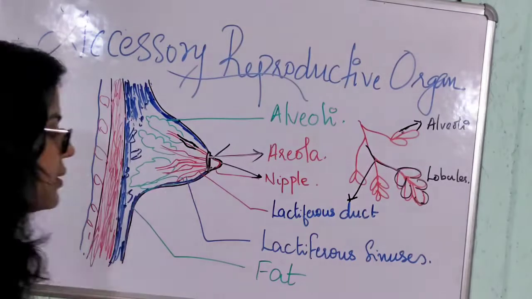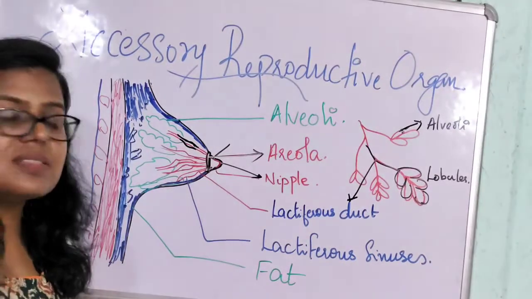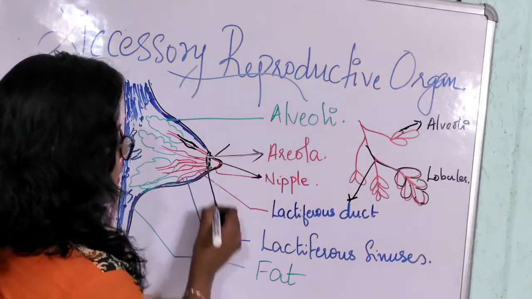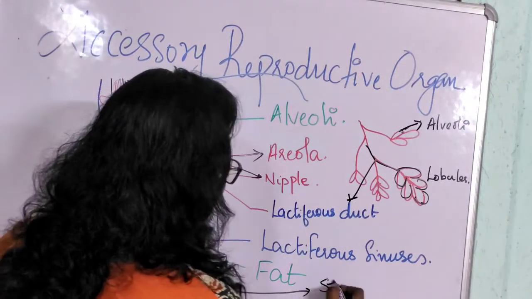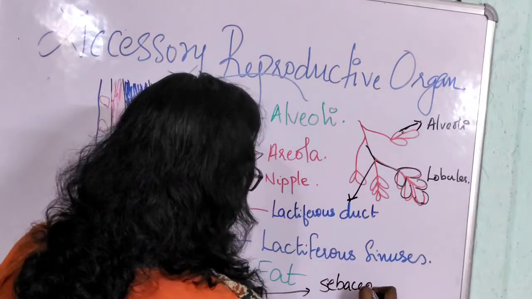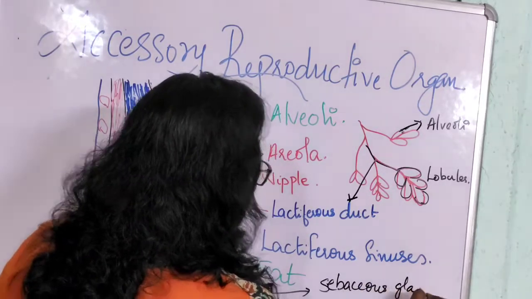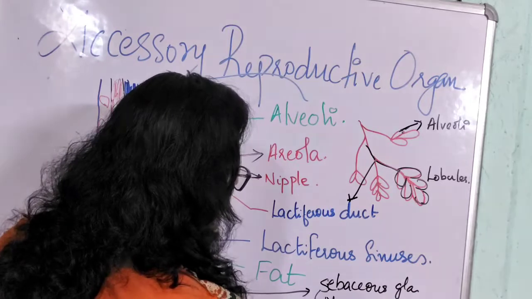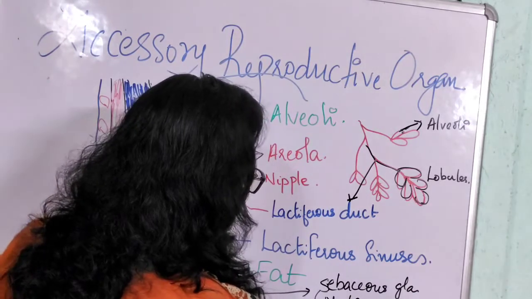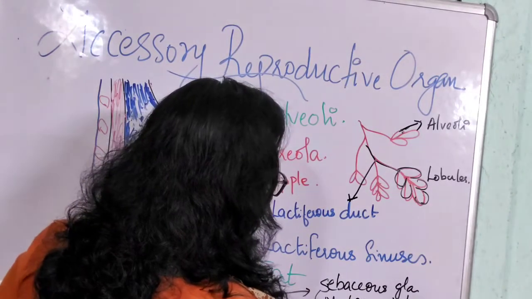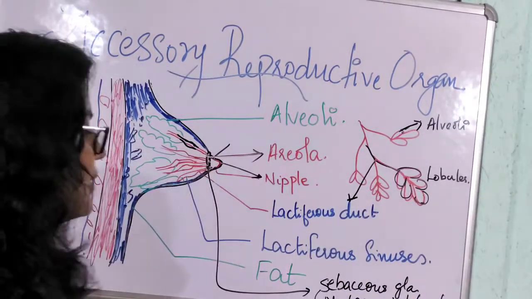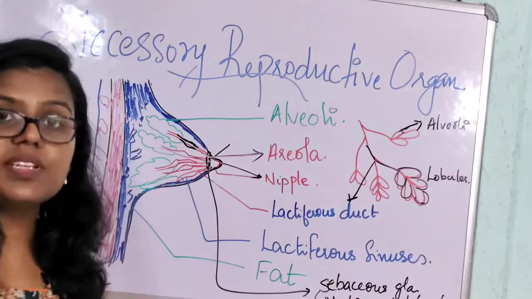In this areola there are small projections, and they are known as sebaceous glands. The sebaceous glands are also known as Montgomery's tubercles.